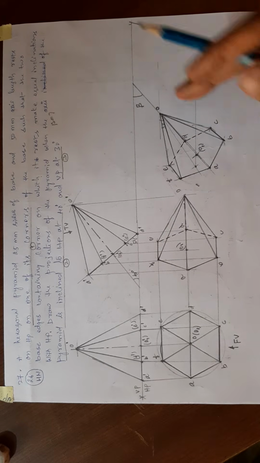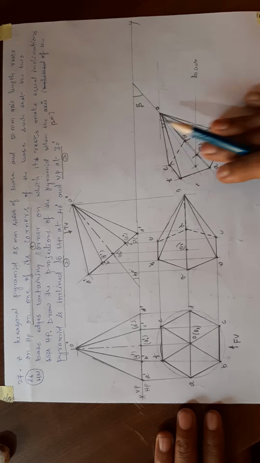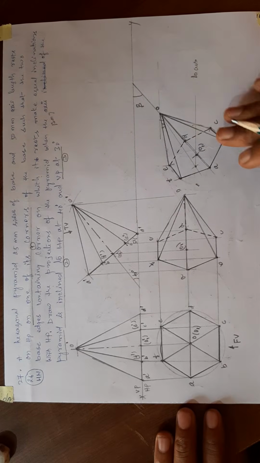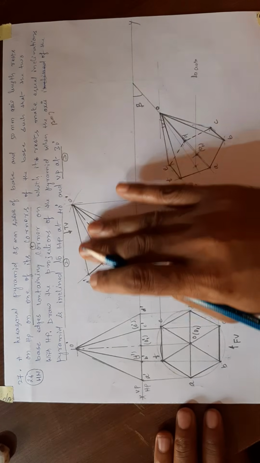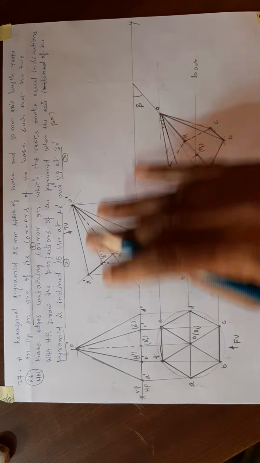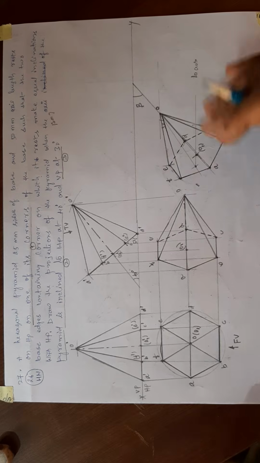Okay, after beta angle, you have to draw the front view. So how to draw the front view? Draw a vertical upward projector line from the top view of the third portion, and a horizontal projector line from the front view of the second portion. So I will take the bottom points first.